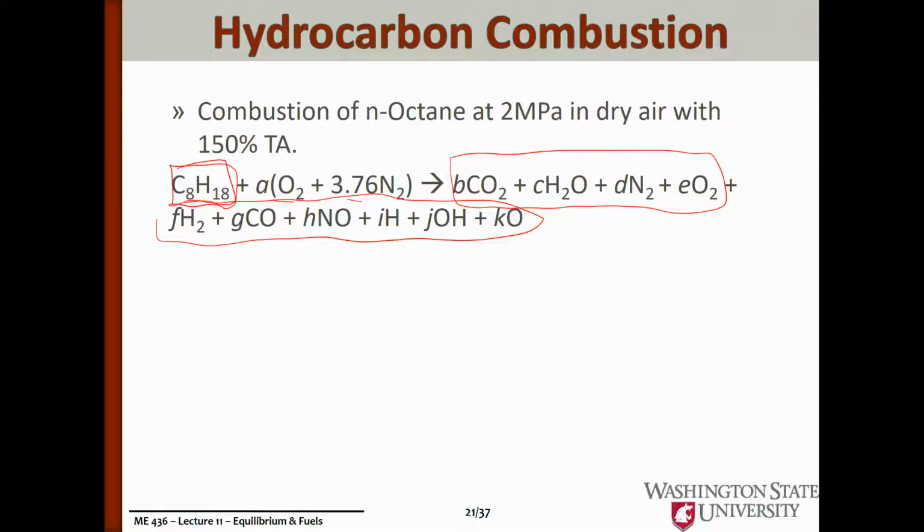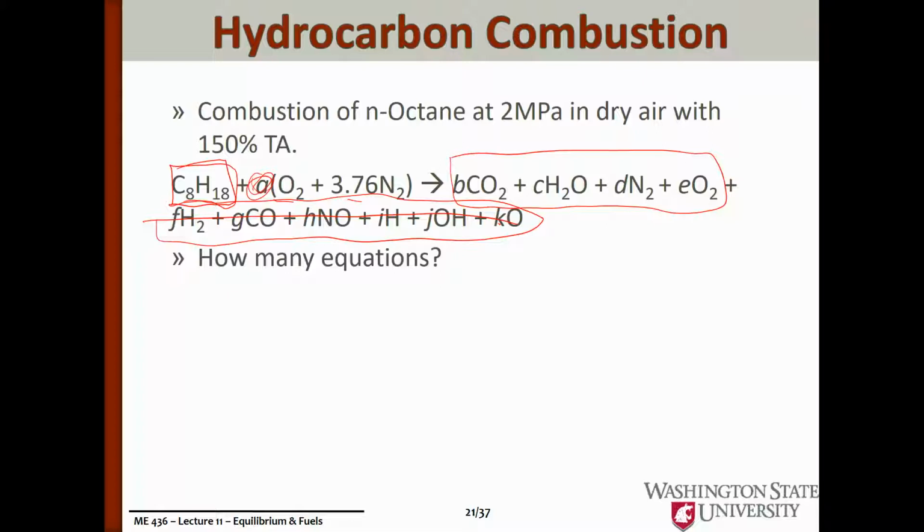So how many equations do I have here? Well, there's 11 unknowns when I count A through K, but A I can get ahead of time because I know from stoichiometry of complete combustion. So if I did this with complete combustion, I could find the A for 150% theoretical air.